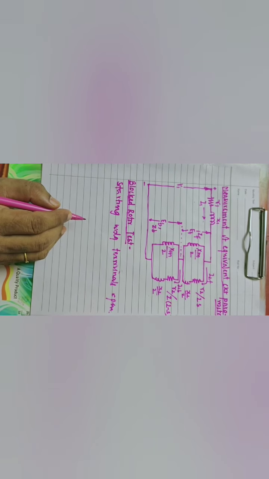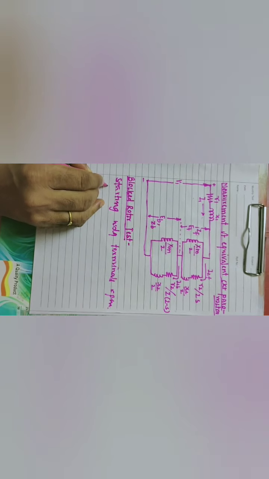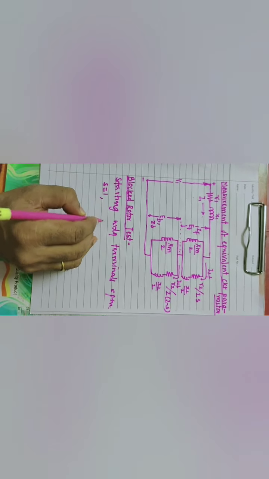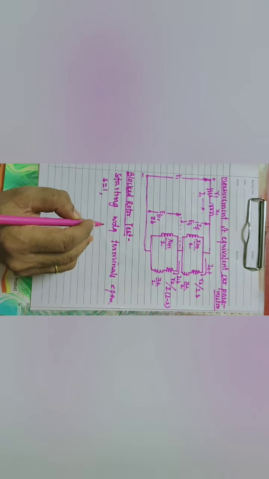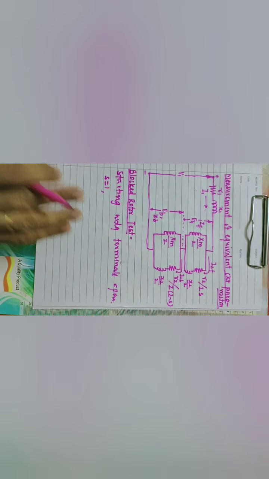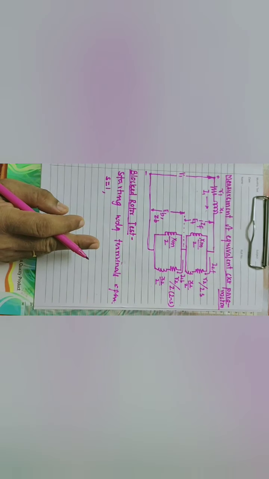So in the block rotor test, as the rotor is blocked, slip is 1. The voltage applied to the motor is adjusted such that rated current flows through the motor.